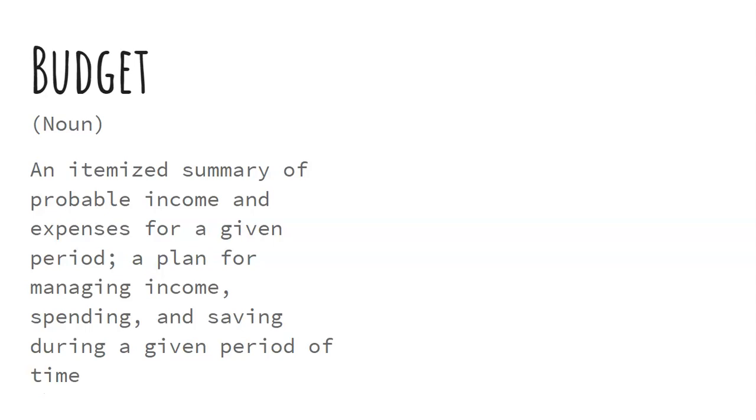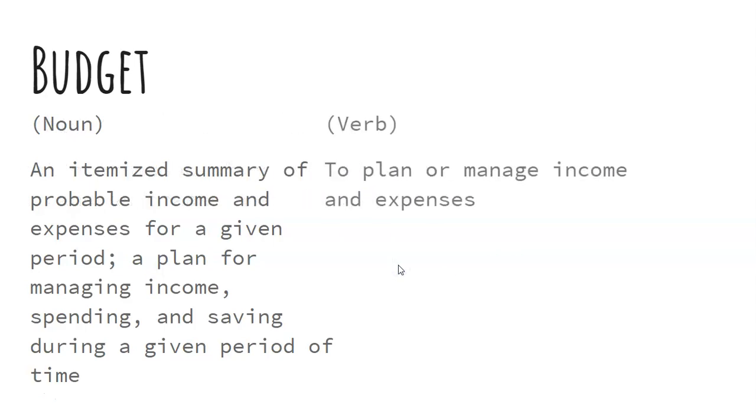Usually when people are talking about a budget, they're talking about a month, and it's a plan for managing the money that you have coming in, how much you're spending, and how much you're saving during that period of time. Like I said, it's usually a month. Some people plan out longer, but usually a month is kind of an easier chunk to budget.